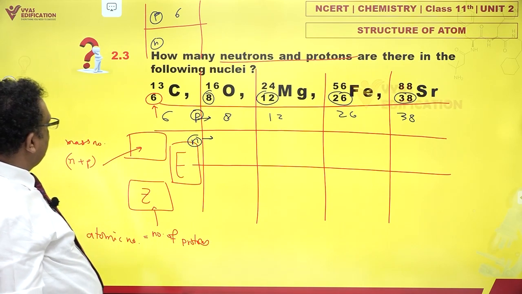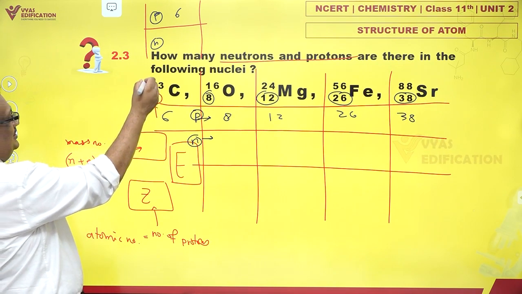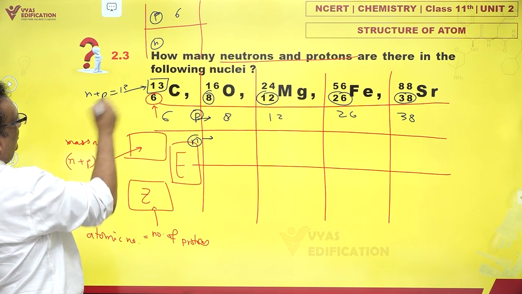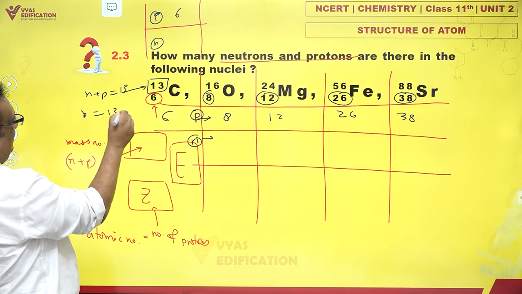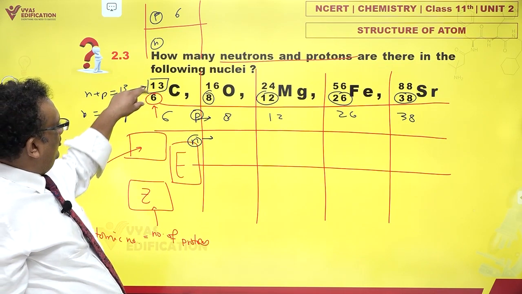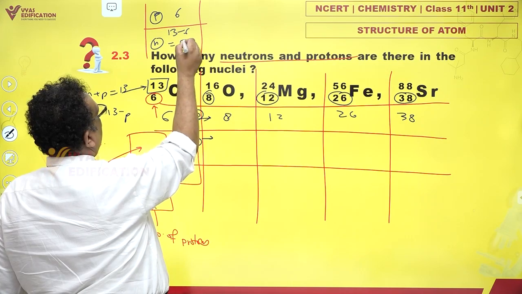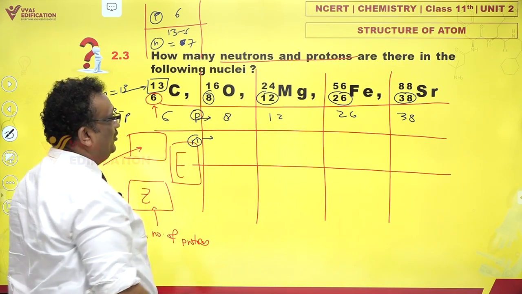What about neutrons? Now, this is neutron plus proton, which is 13. So, neutron is 13 minus protons. So, 13 minus 6, which is 7. So, I have 7 neutrons here.